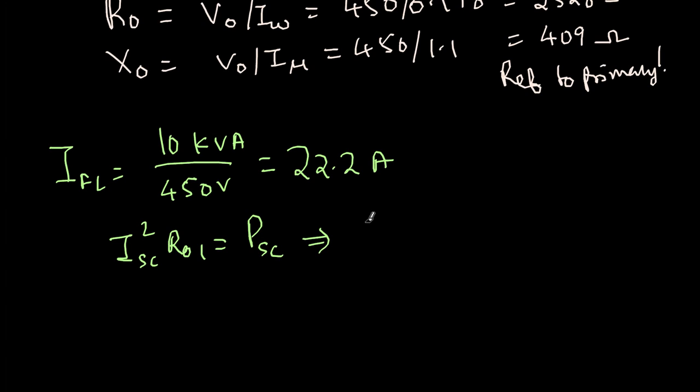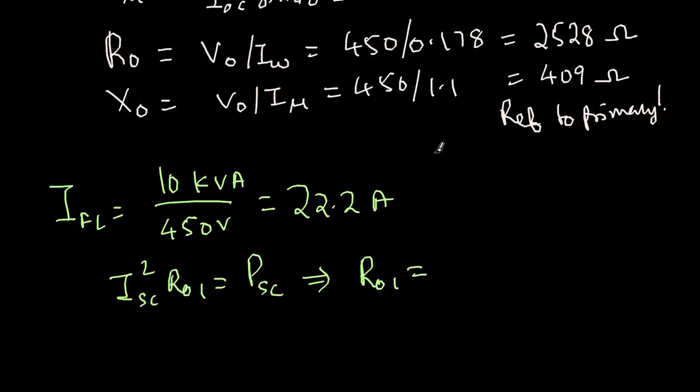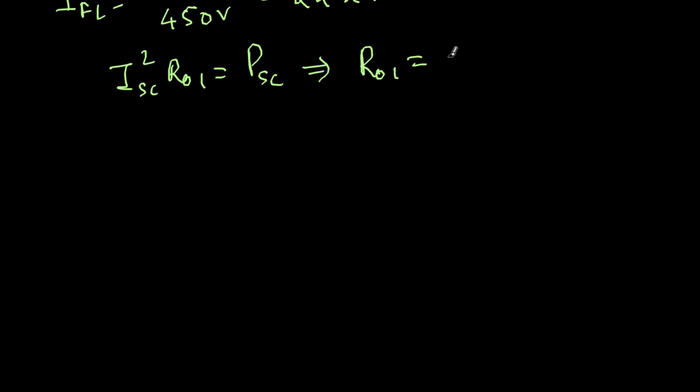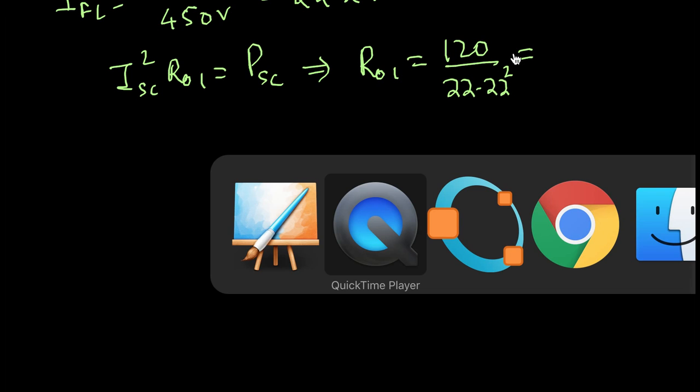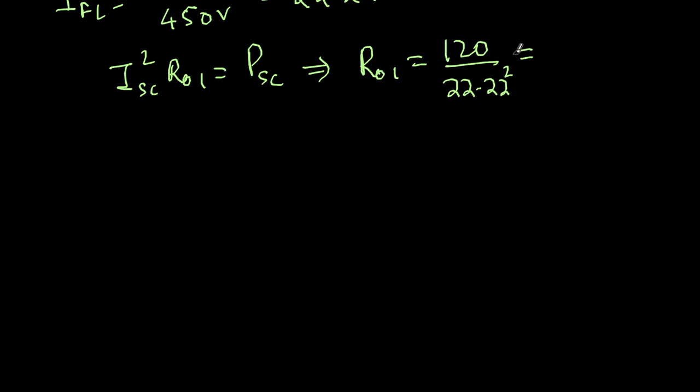This implies R01 is equal to short circuit power, 120 watts, divided by 22.22 squared. I'm getting 0.243, so that is my R01, 0.243 ohms.